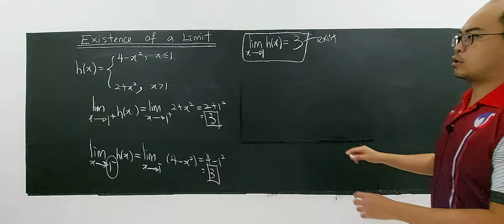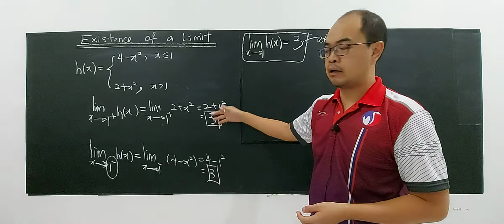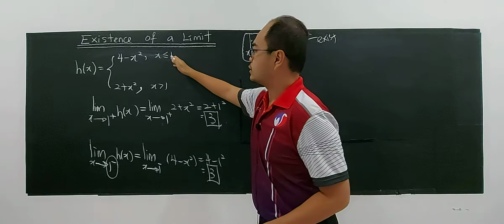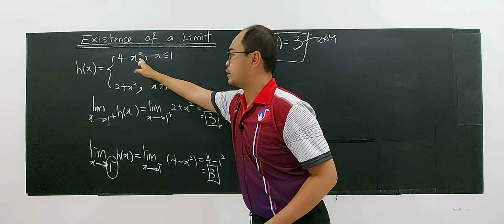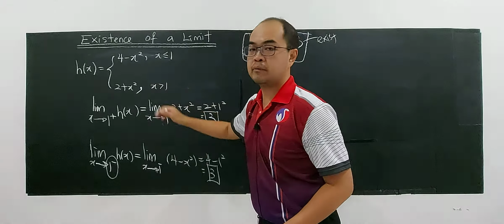So this is the algebraic way. Now, you know that the graph is continuous, which means that this graph will join this graph. We're joining this graph at this point, which means they are joining.